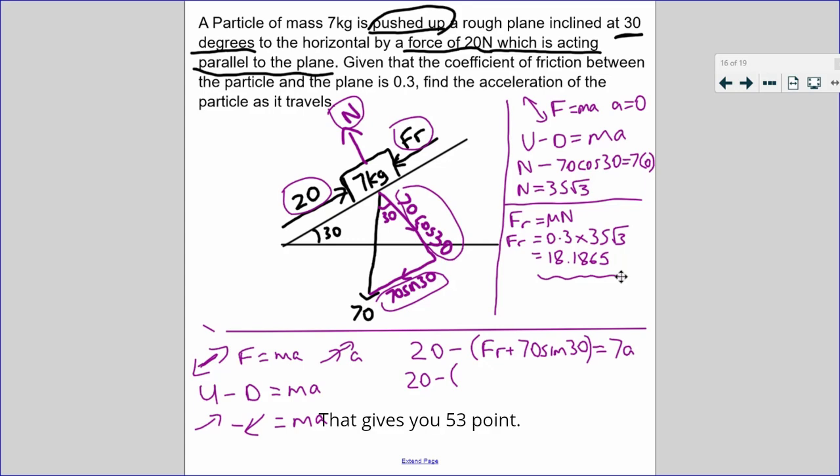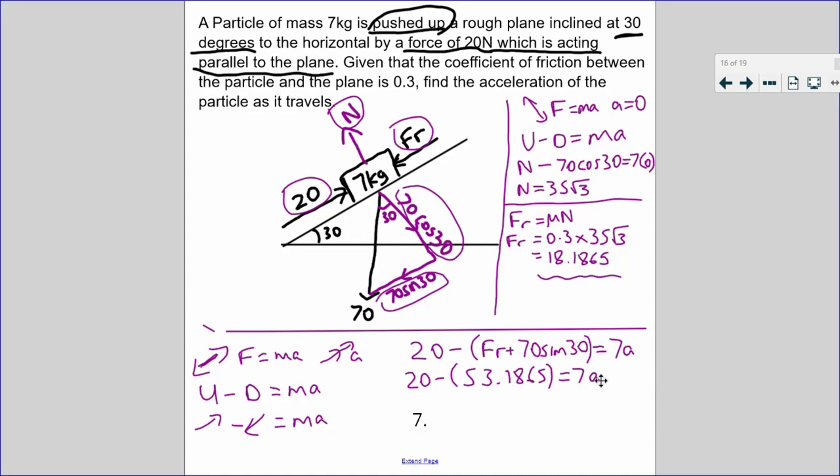Okay, that gives you 53 point. Okay, and 20 minus that gives you negative 33.1865.